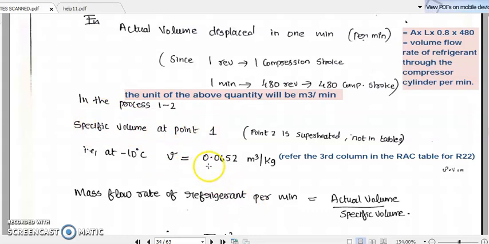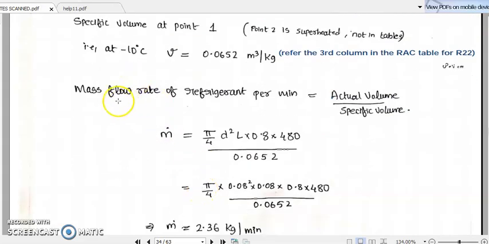From the data book, the specific volume at minus 10 degrees Celsius is 0.0652 meter cube per kilogram. This is very easy to find out. Refer to the third column in the R22 table. Now we can easily find the relation like this. Mass flow rate of the refrigerant per minute will be equal to actual volume divided by specific volume. How can we arrive at this relation?